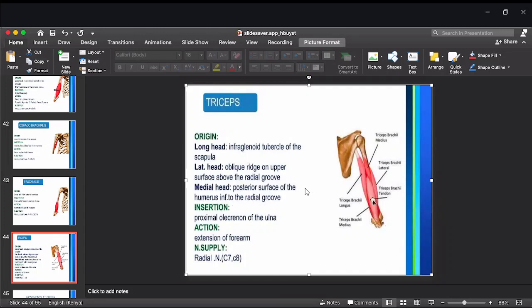As you can see on the image, all of them insert into the olecranon process. The main function of this triceps group is extension of the forearm, not of the arm, because they are inserting into the olecranon process. They are supplied by the radial nerve, C7, C8.